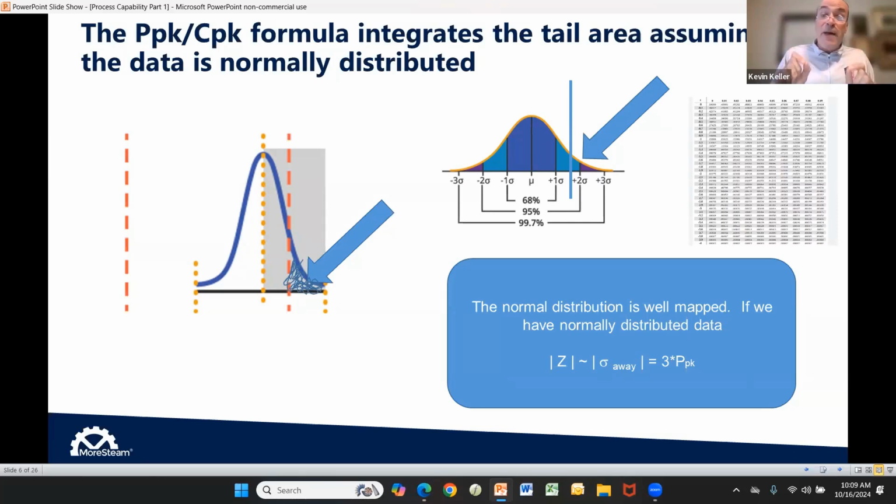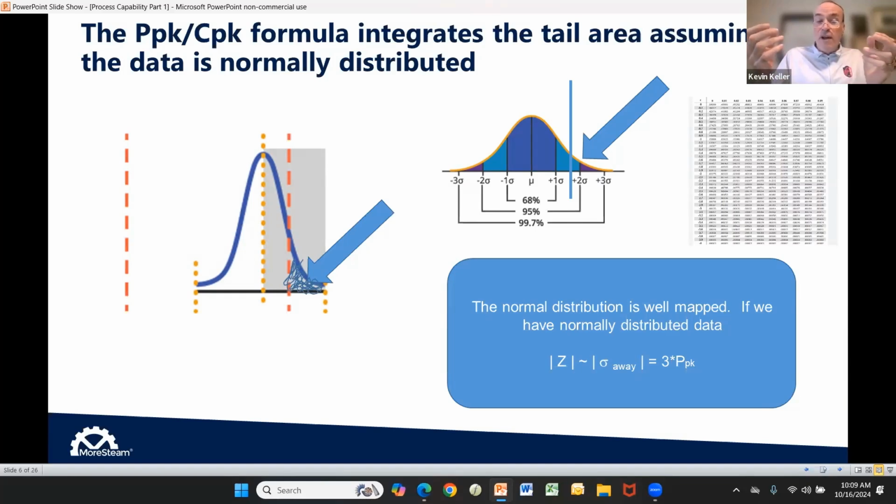But really what it's about is integrating underneath the area of the curve. So that's really what we want to assess. And that area represents how much is out of spec. Now, because the normal distribution is so well mapped out, that z-value is essentially 3 times our process capability index.